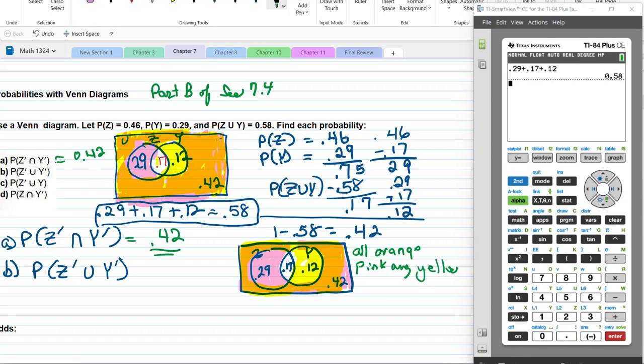So we've got the 0.29 plus the 0.12 plus the 0.42, and we'll do it on our calculator. Because union needs to add everything together, right? So I get 0.83.